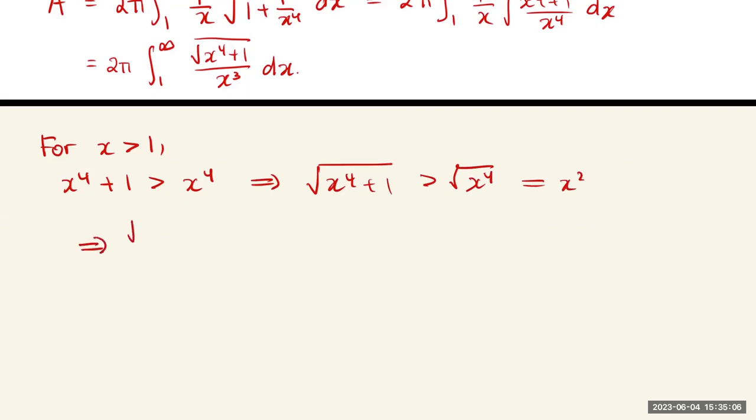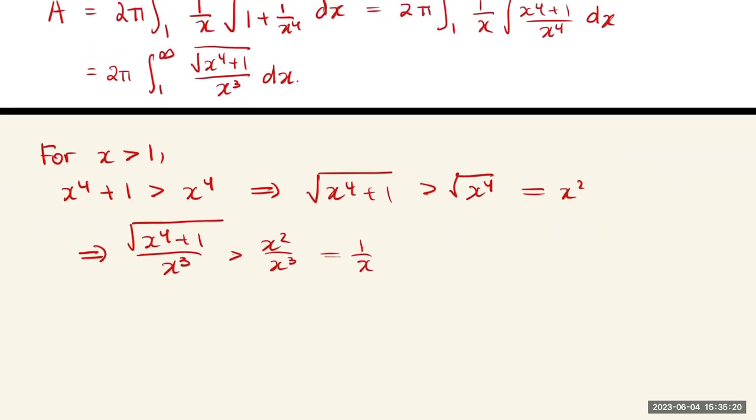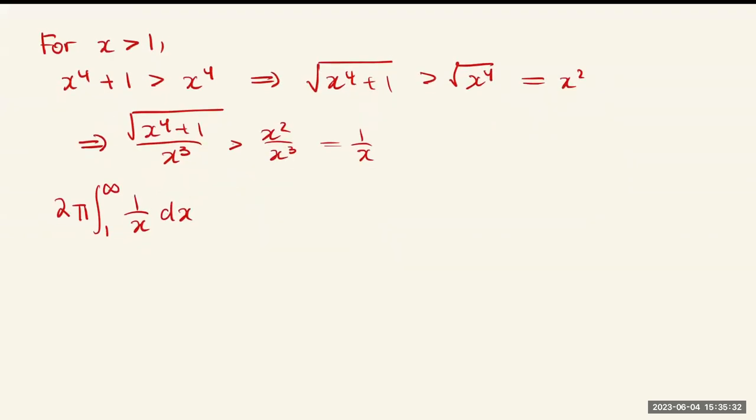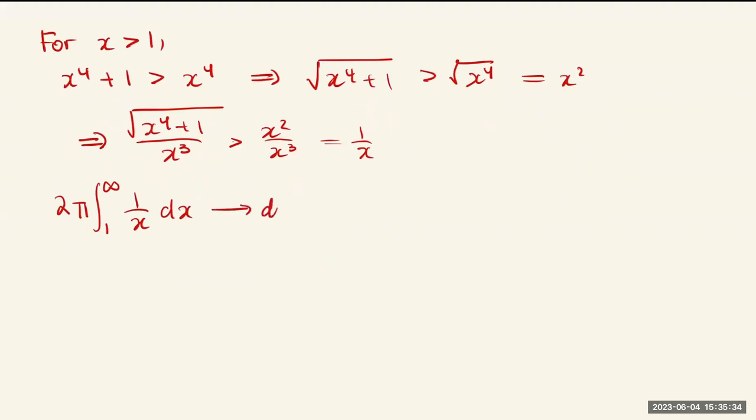And so if we divide by x cubed, we have the square root of x to the 4 plus 1 divided by x cubed, which is greater than x squared divided by x cubed, which is then equal to 1 over x. However, this integral, 2 pi, from 1 to infinity, 1 over x dx, we know that this integral diverges.